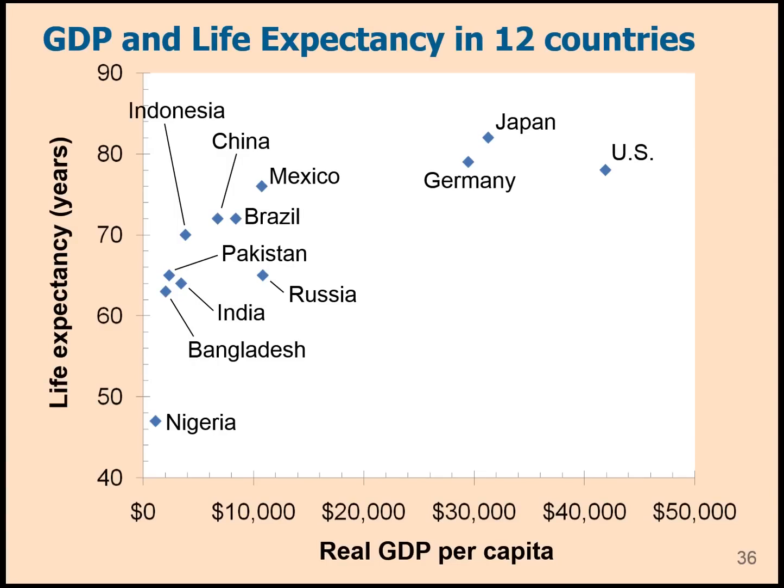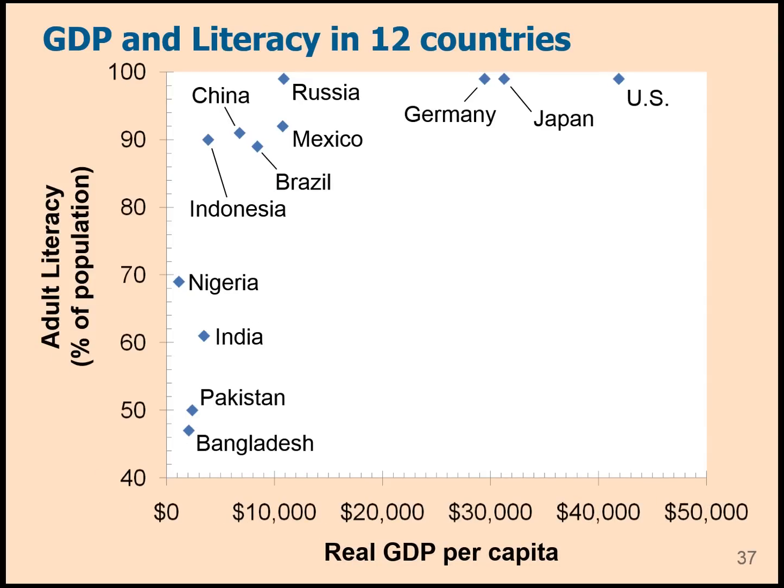So you see in this graph that life expectancy and real GDP per capita look like they kind of have this increasing sort of thing like this, right? So as you get higher GDP per capita, at the same time life expectancy starts going up. It's important to note that these are not saying that it causes it, but however that they both happen at the same time. It's correlation.